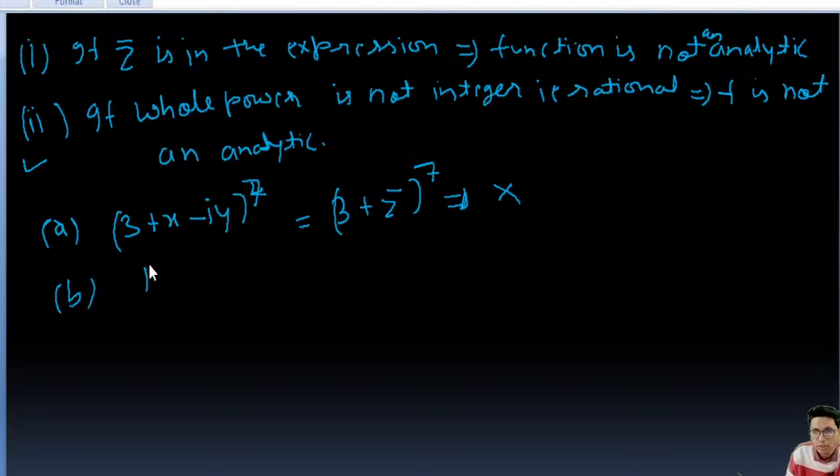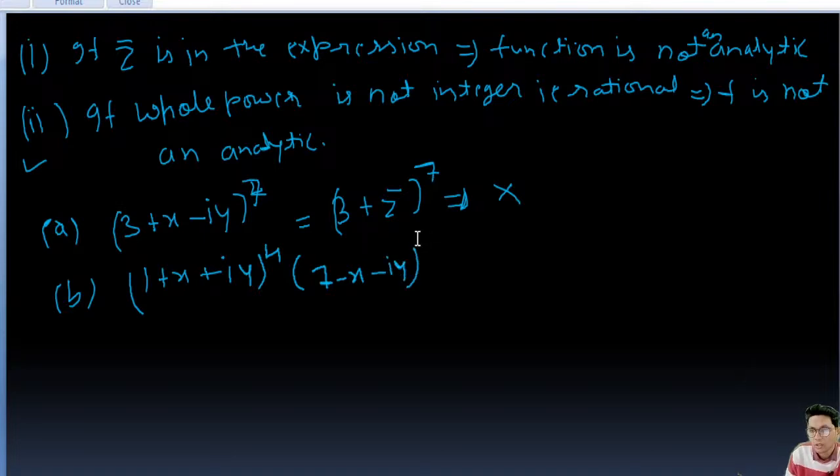We'll check option B. Option B is (1 plus x plus iy) whole to the power 4 into (7 minus x minus iy) whole to the power 3.